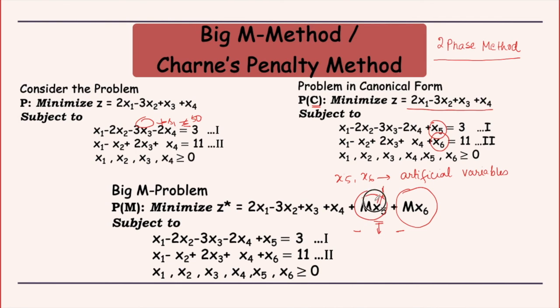It will say I don't need x5 because it is giving my z a very big value. In most cases your objective function in a minimization problem would be the cost function, and you would want to make it as small as possible. So if x5 is non-zero, the objective will increase by this huge M, and therefore you are paying a penalty for having x5 in your system.